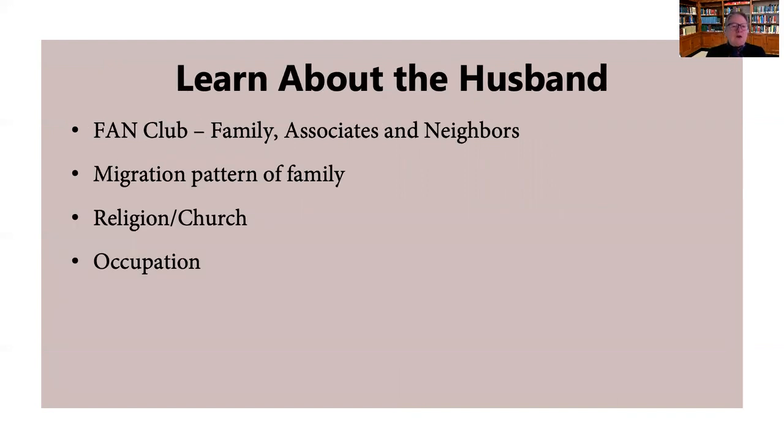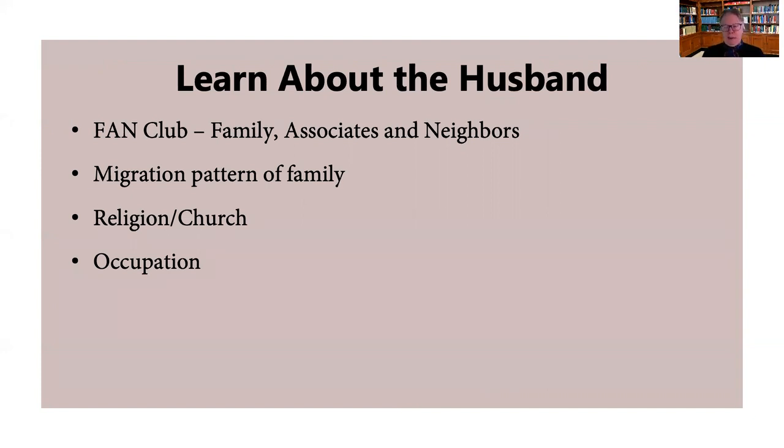Now let's talk about learning everything you can about the husband. The husband sometimes is your gateway to the wife's maiden name, because after all, the husband and wife had to meet somewhere, and the 2 families had to be in proximity at some time. So identify the fan club of the husband, the family, the associates, and the neighbors.